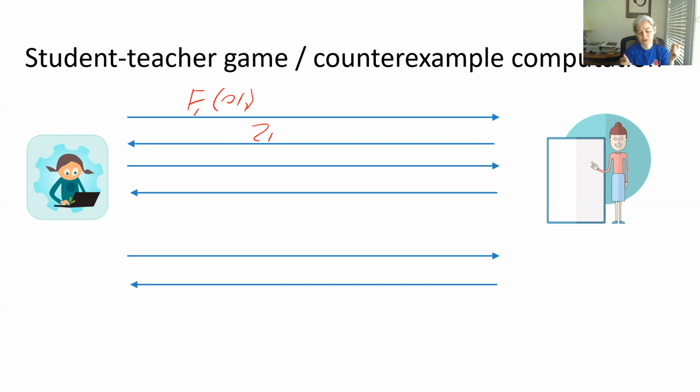And the teacher says, well, it's not quite right because if I give you z1, your formula phi of x, f1 of x, and z1 is not true. The student thinks about the counterexample and says, okay, how about this value? And then it keeps going. And what the KPT witnessing theorem tells us is that if the for all exists for all phi was provable, then after constantly many steps, this process will stop.